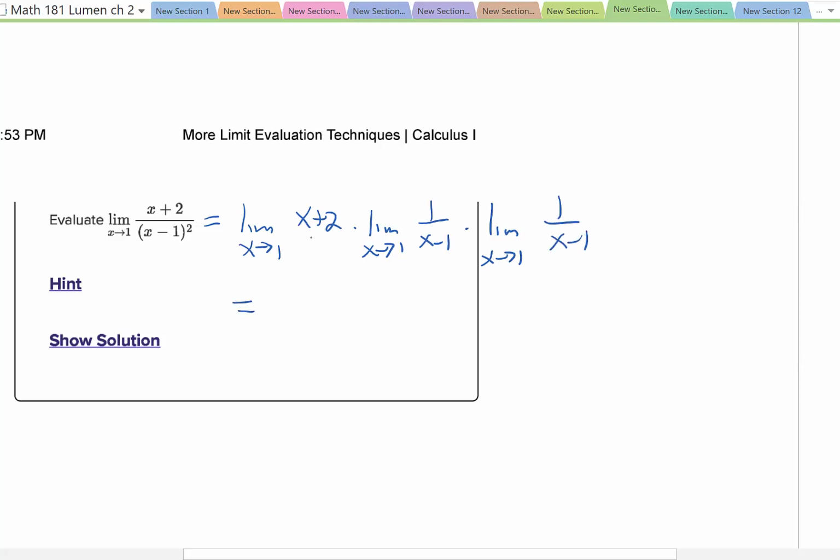So if we break it up like that, we'd have 1 plus 2 is 3. Then we have 1 over 1 minus 1, so 1 over 0, and then 1 over 1 minus 1. So we have 3 times infinity, which is going to be infinity. That's it.